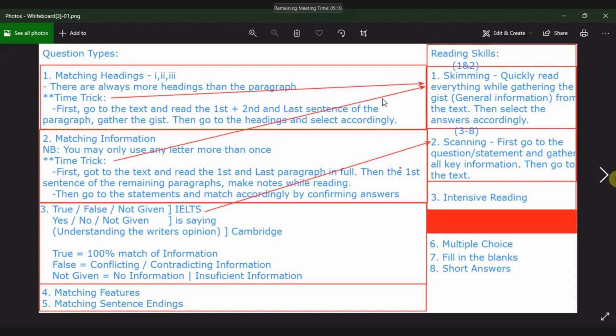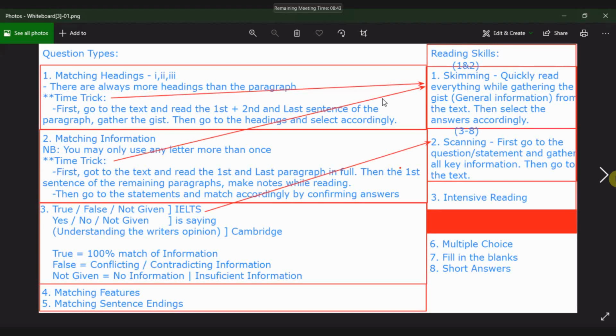Should I start with the headings or should I start with the question? Good question. The skill here, especially when it comes to general sections 1 and 2, I'll start with sections 1 and 2. Why? Because if you compare the reading passage, it has a lot of information, it's really long. But if you compare only, let's just say section 1, you'll find 2 to 3 short sentences only.